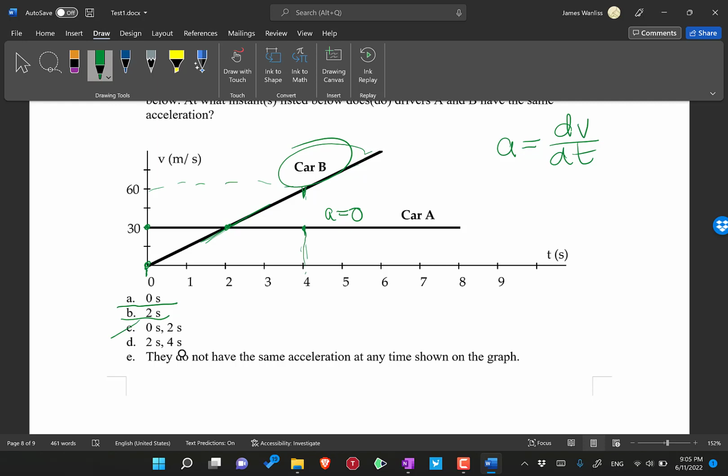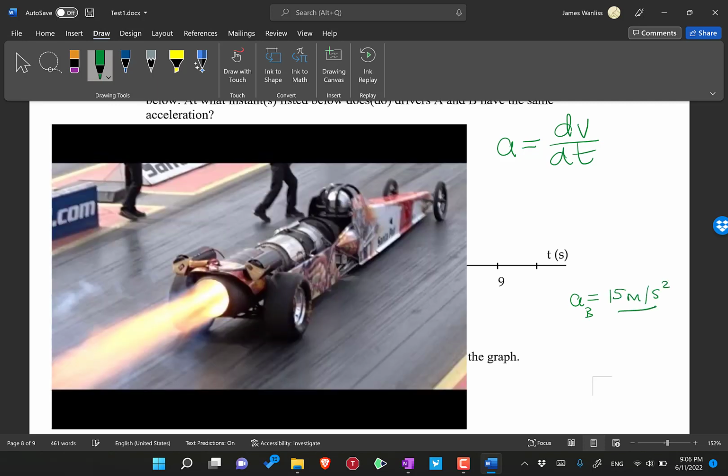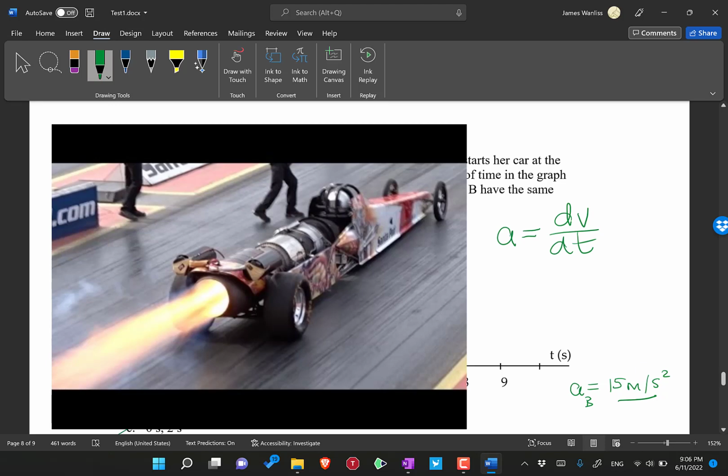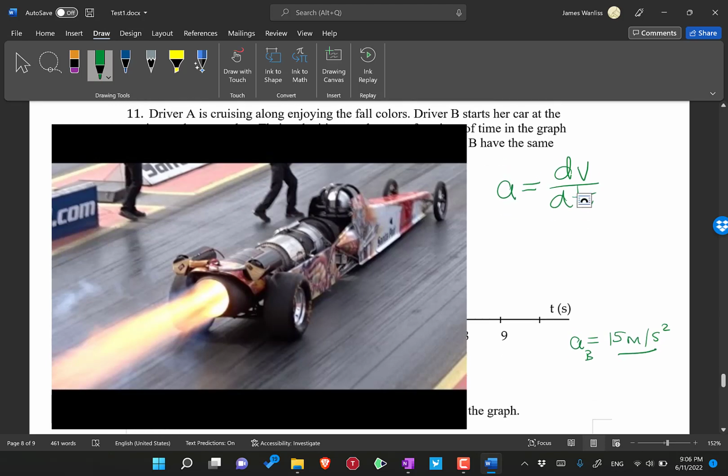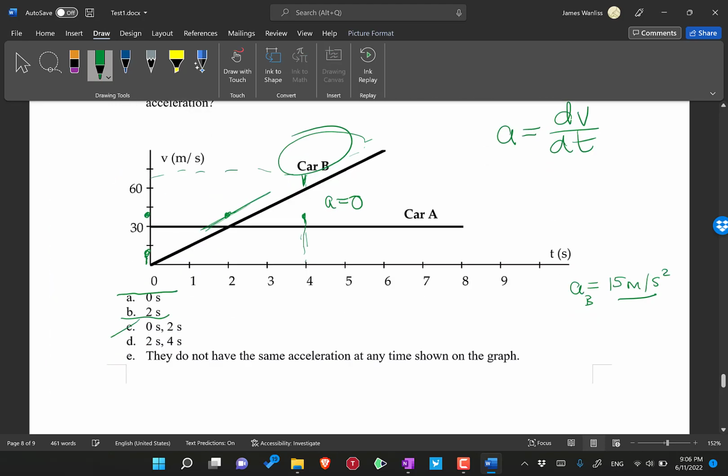That's a huge acceleration. That's like pulling more than 1 G, almost 2 Gs, like in a jet airplane. This car, I don't know what it is, but it must be pretty awesome.